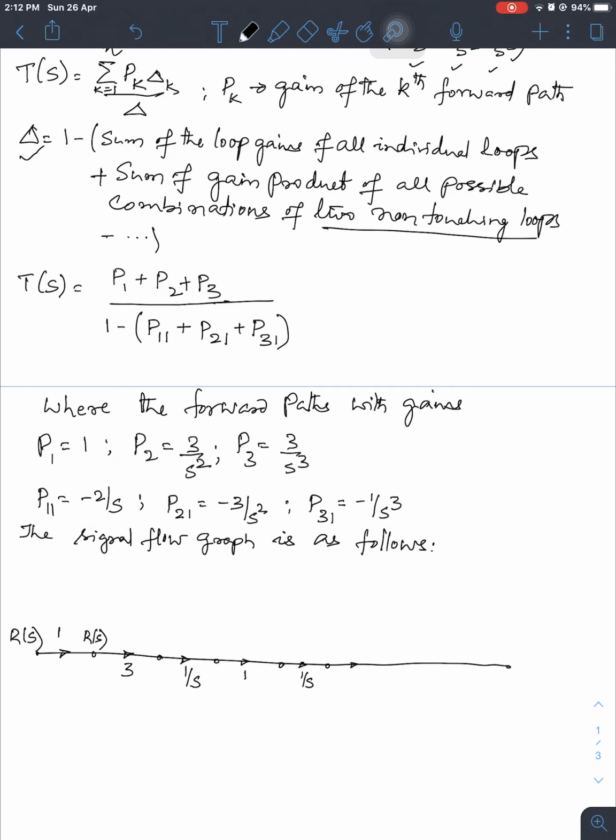I'll put unity. I'll get another node. I'll put 1 by s. There is another node. And then I'll put unity and I'll get the variable y. I told you this is similar to the phase variable form. So in the phase variable form, the output itself is taken as the first state variable.